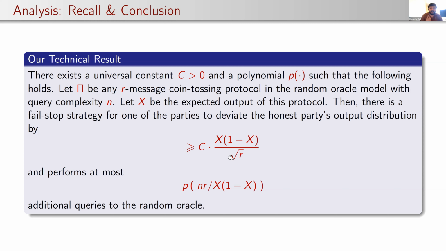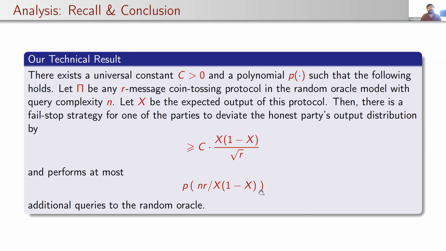Then we construct an attack that can change the honest party's output by variance of X divided by square root of r. And this attack performs polynomially more additional queries to the random oracle.